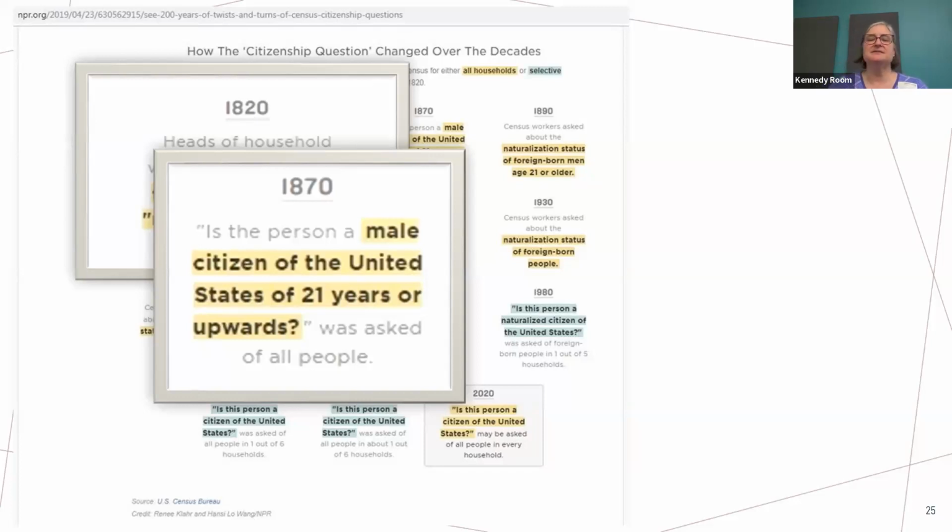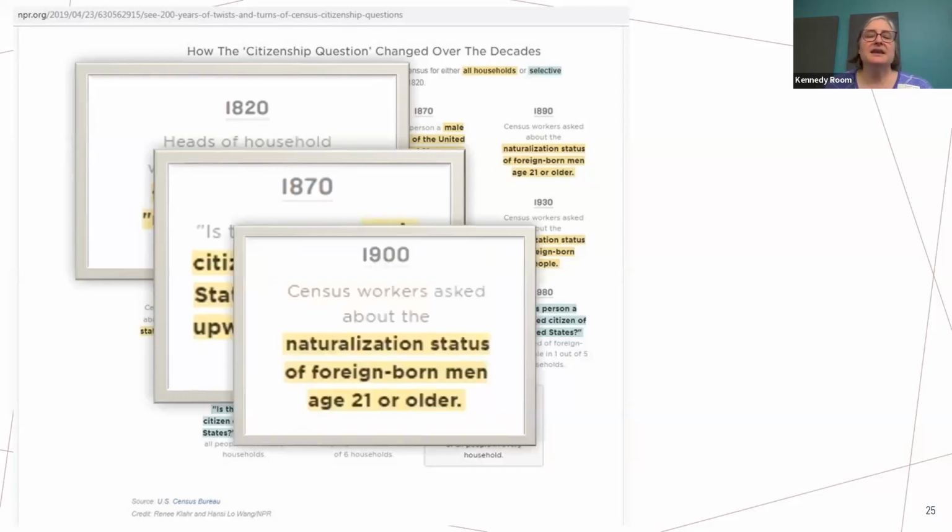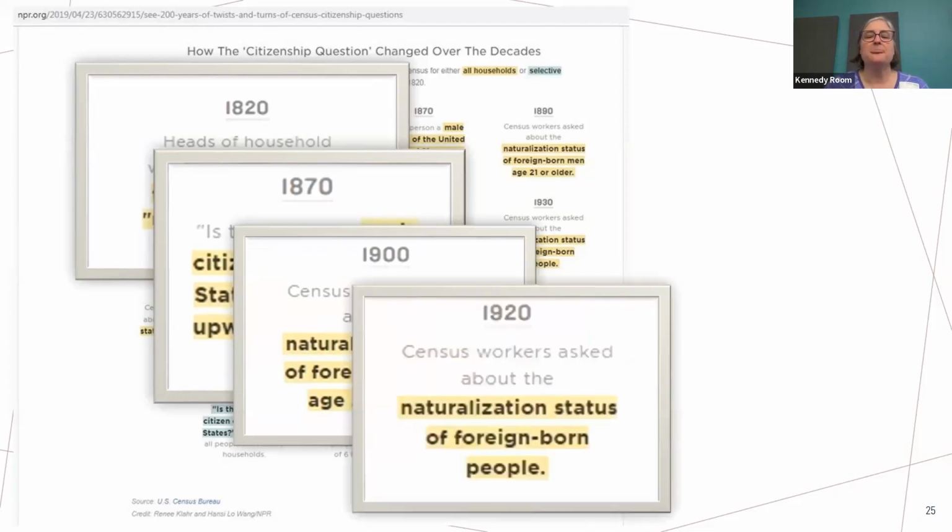And everybody was asked that. In 1900, census workers asked about the naturalization status of foreign-born men aged 21 or older. And 1920, it changes to naturalization status of foreign-born people.